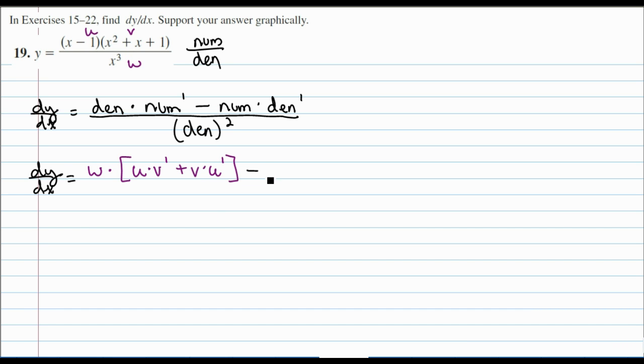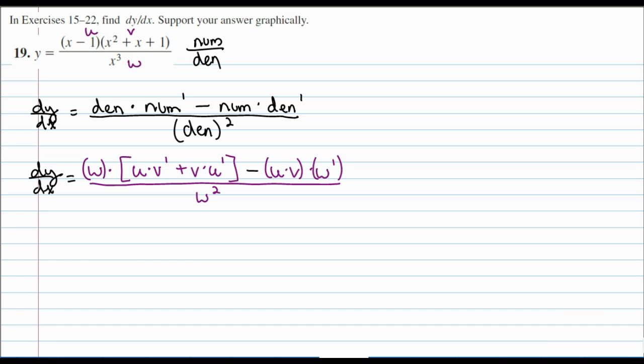Then we're going to subtract the numerator by itself, so u times v, and then times the derivative of the denominator, all over the denominator squared. Whew! Did you follow that? So we have the quotient rule, but embedded in the quotient rule is a little bit of product rule to find the derivative of the numerator.